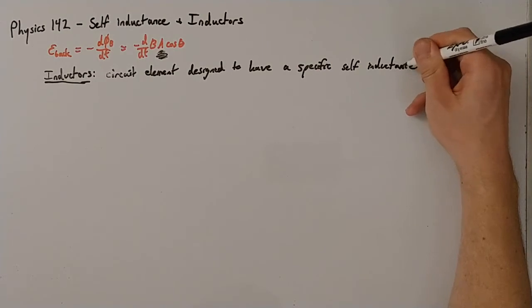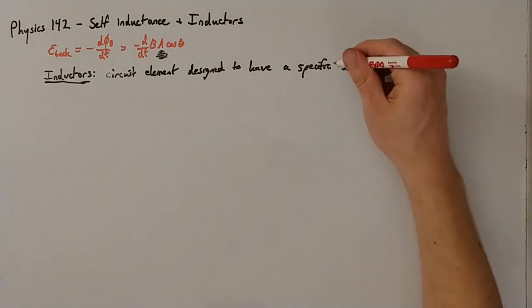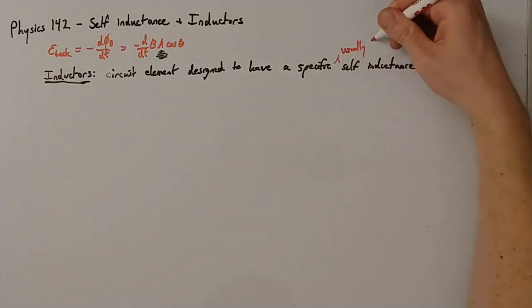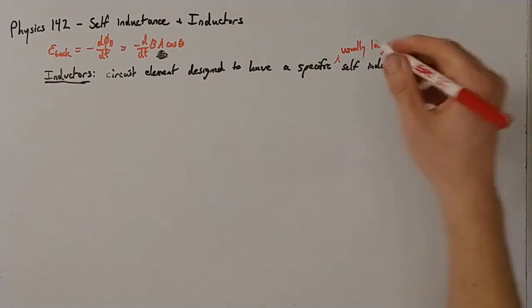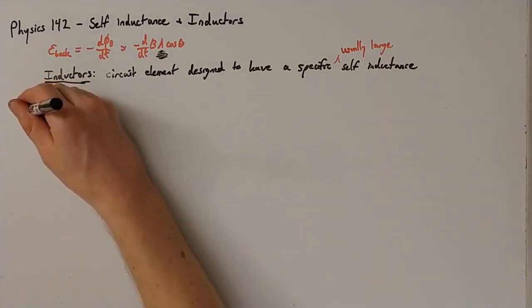It's a circuit element that's designed to have a self-inductance that we know what it is. And I should mention that this is usually large, that usually we're trying to increase the self-inductance of a circuit by adding an inductor. So how do we do that? Well, a circuit with an inductor looks like this.